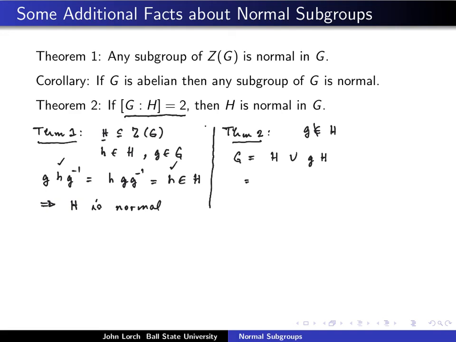And this union is disjoint, right? So remember, there are only two cosets. That's what this index here means, that there are only two cosets. And so G is written as a union of those two cosets. It's a disjoint union. And the same thing is true for right cosets.